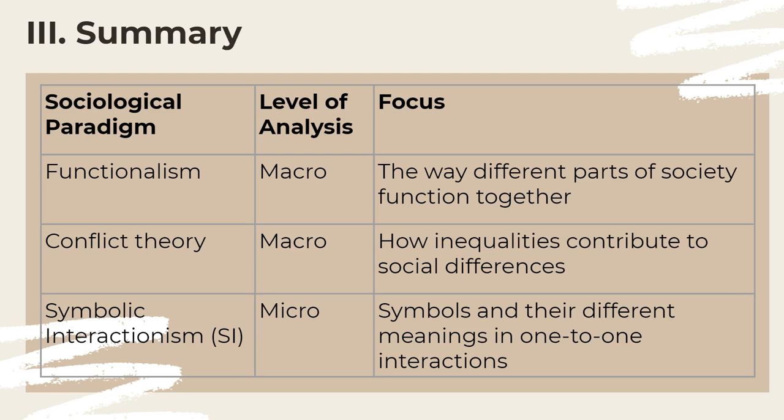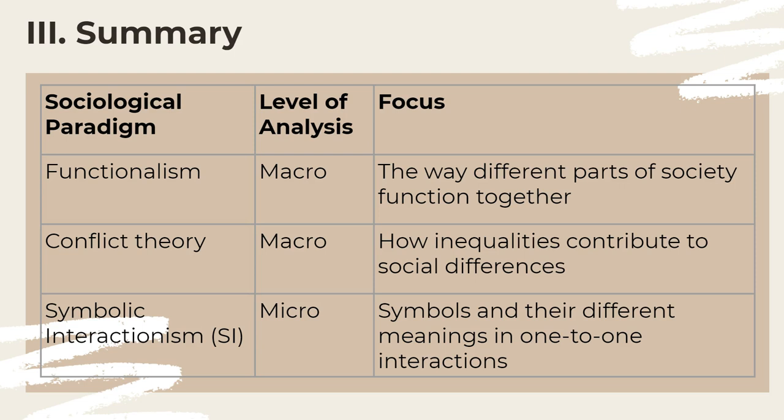So here is a table that gives you a nice summary of these three sociological paradigms. This is based on the table that's in our book. In functionalism, the level of analysis is macro, and the focus is on the way different parts of society function together.